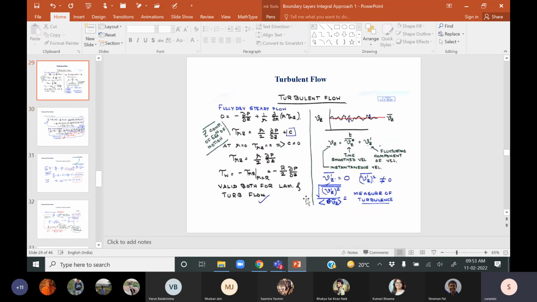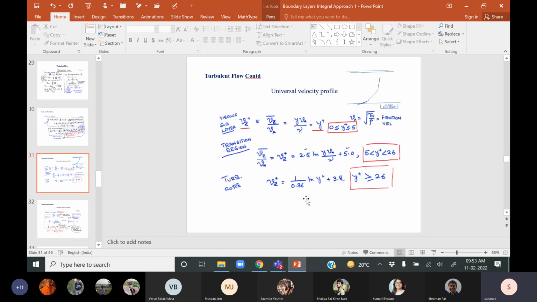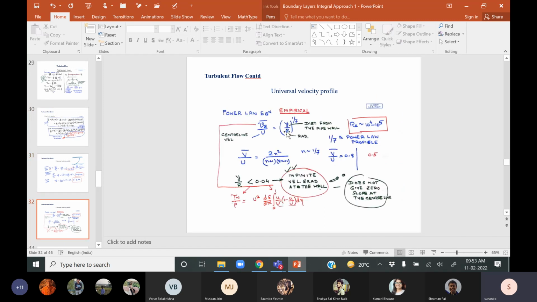Turbulent flow, time fluctuation, Reynolds stress, using Prandtl's approach, something called the universal velocity profile, something completely empirical, which is the 1/7 power law, which fits the data well for the velocity, but it fails near the wall.